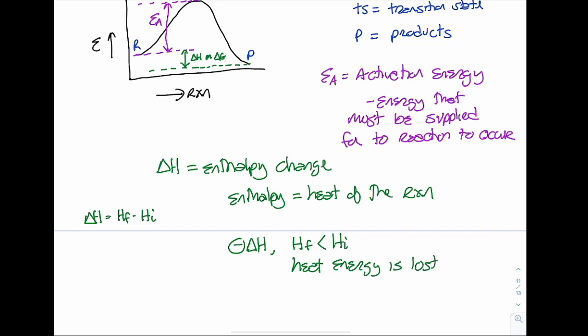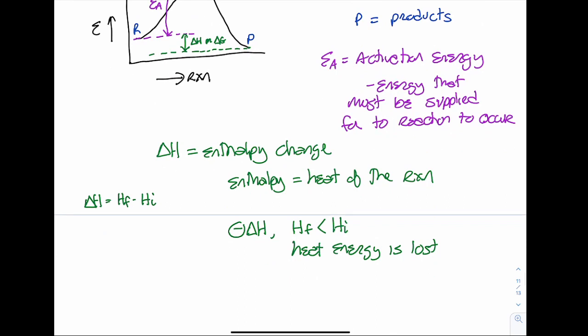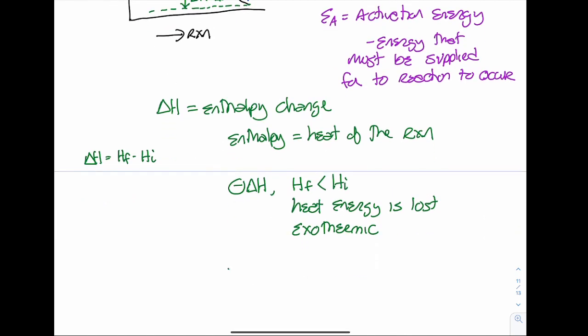And in the reaction and the energy diagram that I drew, it would have a negative value, right? My products are lower in energy than my reactants are. H final is less than H initial, if I'm saying that change is due only to enthalpy. So heat energy is lost. And then we had a special name for that type of reaction. These were exothermic. So according to the diagram that I drew, it would be an exothermic reaction.